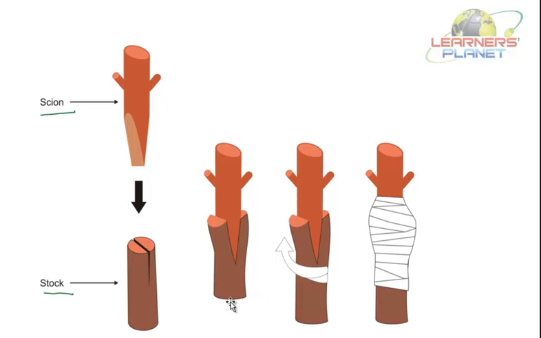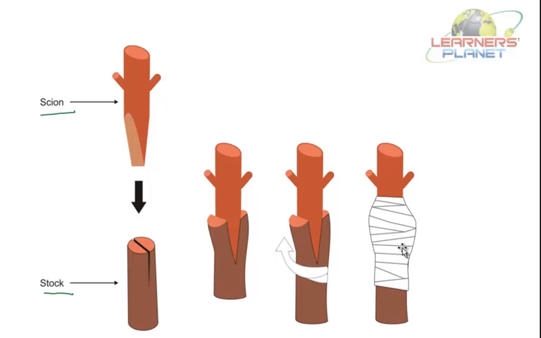So the upper part of one plant is called scion and the lower part of the other plant is called stalk. So remember that a bud or a cutting that has several buds, called the scion of one plant, is placed over the cut stem with roots of the other plant called the stalk. And the scion and the stalk are then firmly tied together. You can see here they are firmly tied together, right?